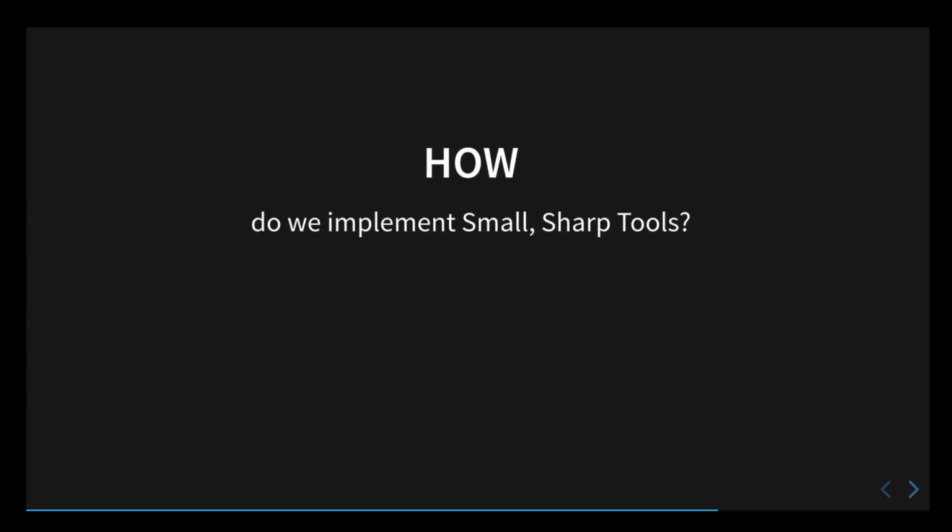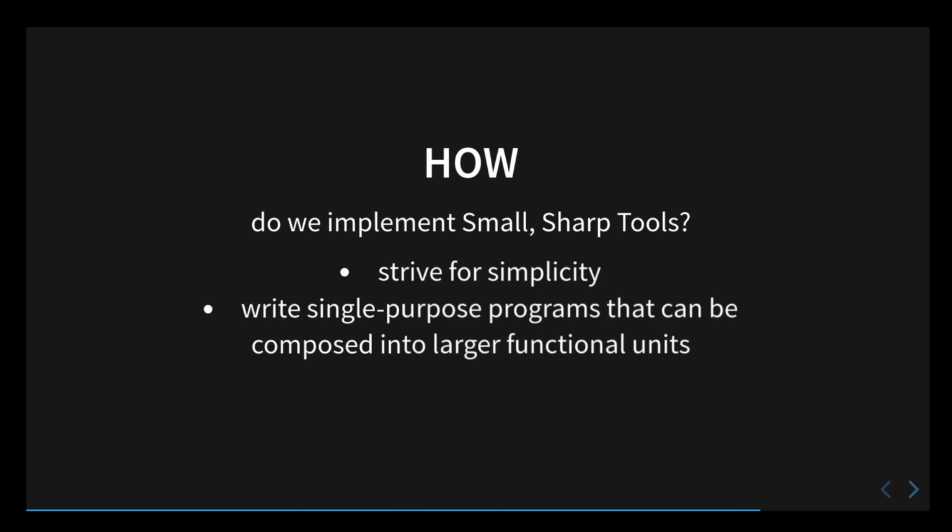How do we implement small, sharp tools? We start with a philosophy that things should be as simple as possible. We write single-purpose programs. Again, complexity creeps in all by itself. As the mission becomes more technically demanding, the complexity will grow all by itself.